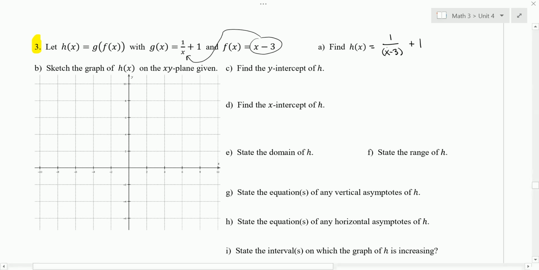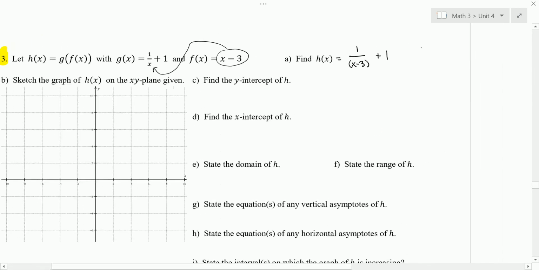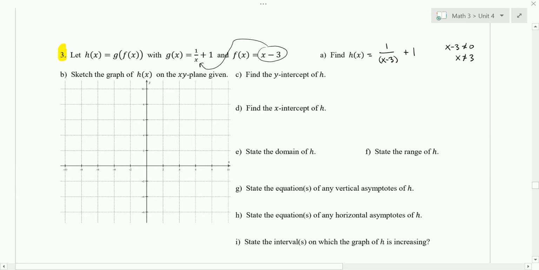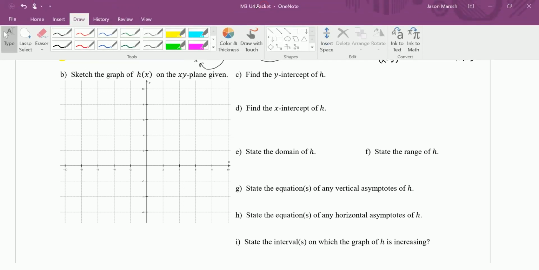So notice we have an excluded value, x minus 3 cannot equal 0, and so we end up with x cannot equal 3. And excluded values are where, if you graph this, you get a vertical asymptote.